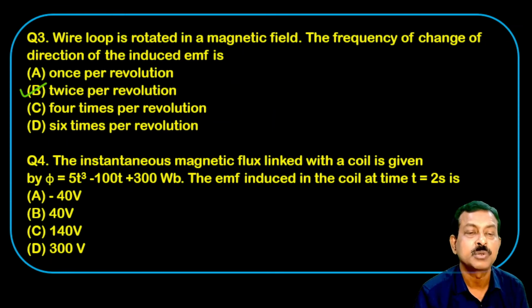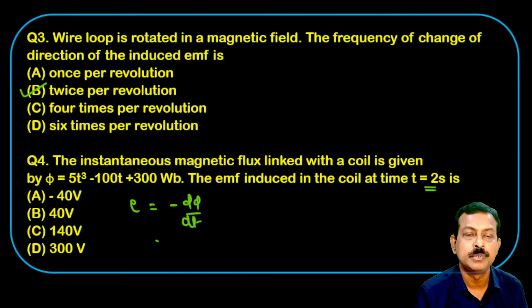Now, next question. The instantaneous magnetic flux linked with a coil is phi equals 5t cubed minus 100t plus 300 Weber. The EMF induced in the coil at t equals 2 seconds. In this particular case, you have to find the EMF. So E is minus d phi by dt.